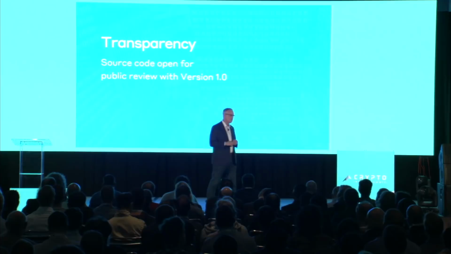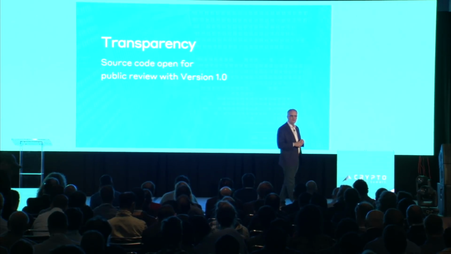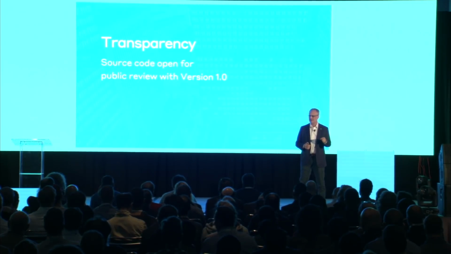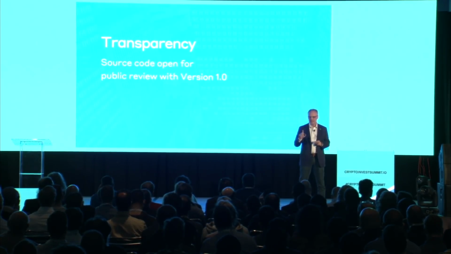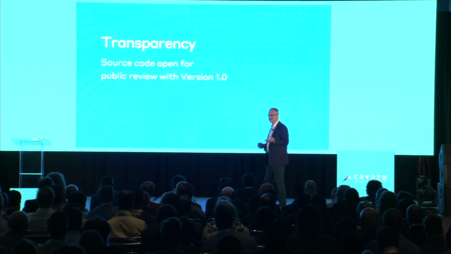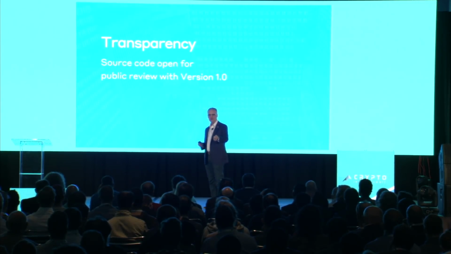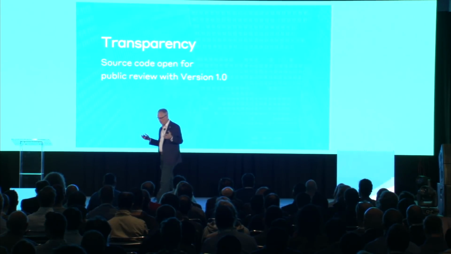Secondly, with version 1 of this, we're going to release the source code. So there will be full transparency in exactly what is being built. Everyone on the planet will be able to download the source code. They'll be able to read every single line of the code base, which will be released. You'll be able to compile it and compare it to the binaries that you can download and run on your own home computer as a node in the network, supporting the network in total.